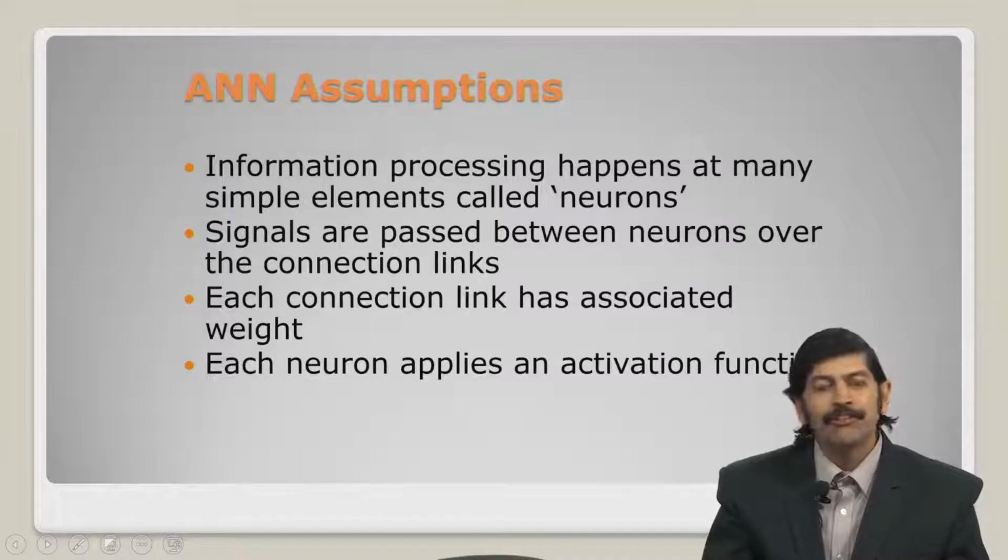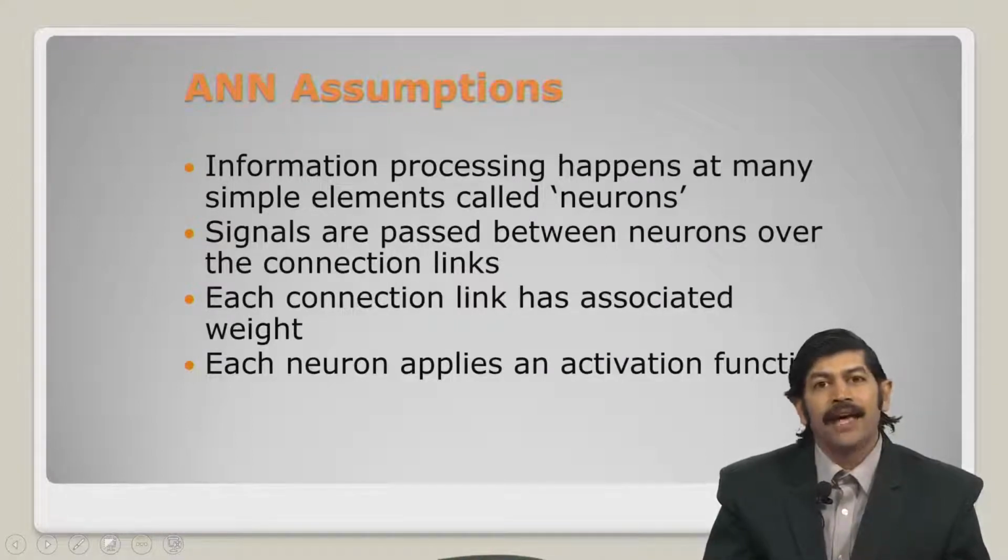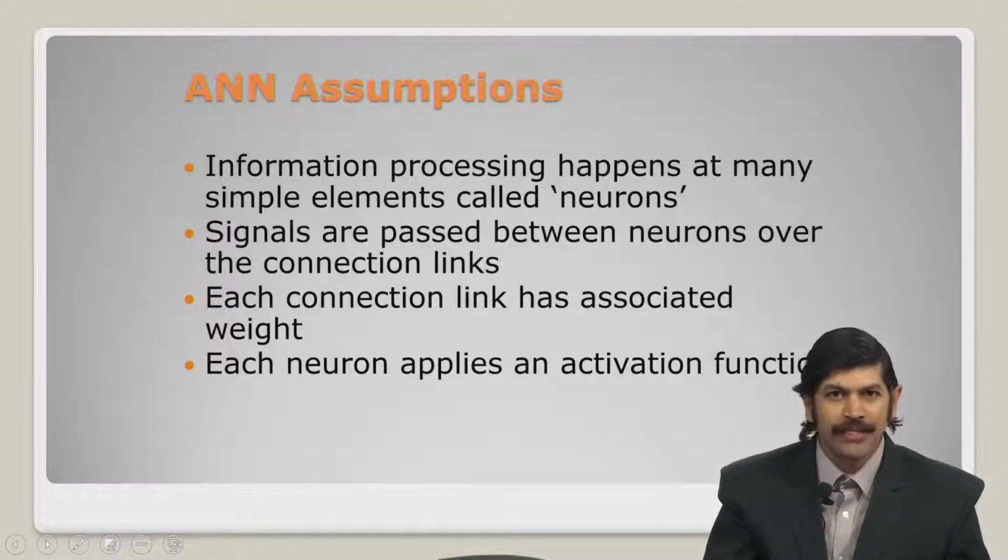However, we must also understand that ANN has certain limitations, and there is a scope which is well defined. That is why we must also understand the assumptions associated with artificial neural networks. As far as the processing of information is concerned, the individual local cells are responsible for doing that, and they are typically called neurons.